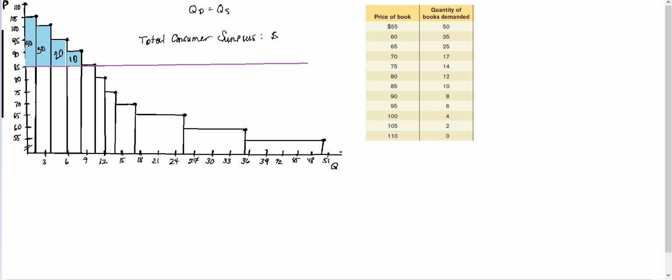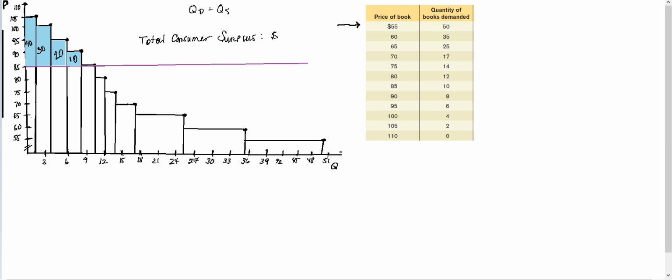So notice that, say at this price and quantity demanded, I don't have one rectangle that has a width of 50. Rather, where that point is represented is the difference between the point before it and the demand that increased as a result of the price drop.